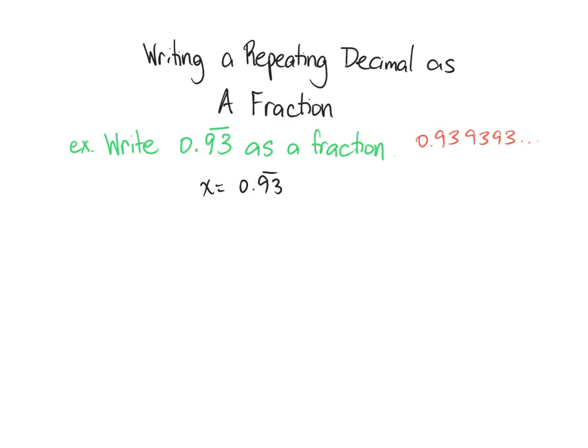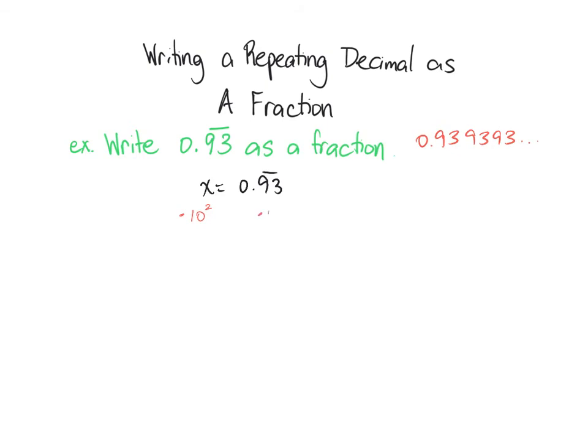So that is key because we're going to have to multiply both sides by a power of 10. Now I know this seems crazy, but trust me, it's going to work. So we're going to multiply both sides of our equation by 10 to the power of 2. And where did the power of 2 come from? Again, it came from the fact that there are 2 digits that are repeating.